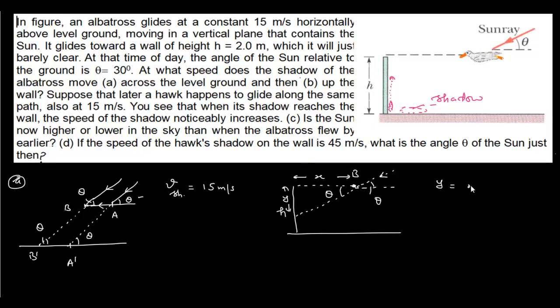Now from this triangle you can write that y is equal to x tan theta, and if I differentiate it, I get dy by dt equal to dx by dt times tan theta. Now, what is this dy by dt?